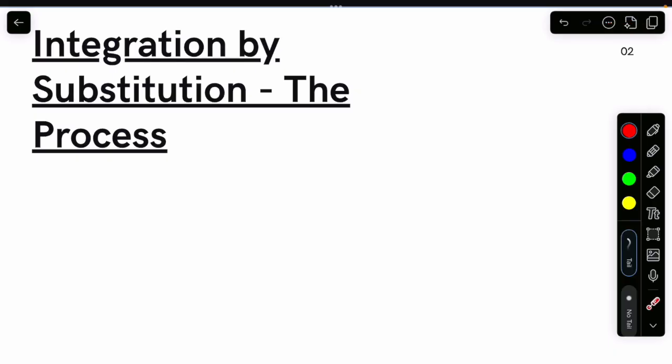Alright, guys, so for the first bit, we're just going to be looking at the process here. So what is the integration by substitution process? What does that look like?